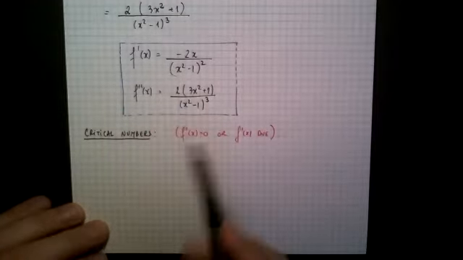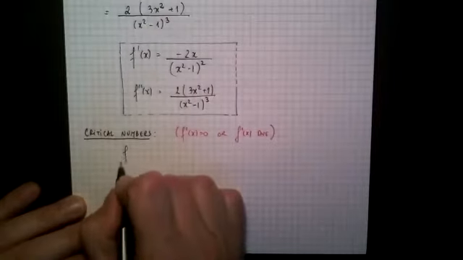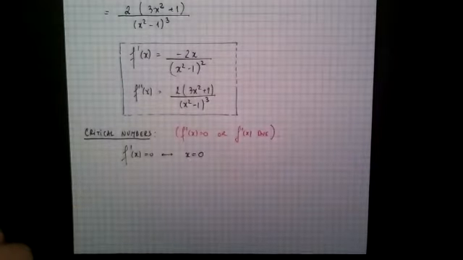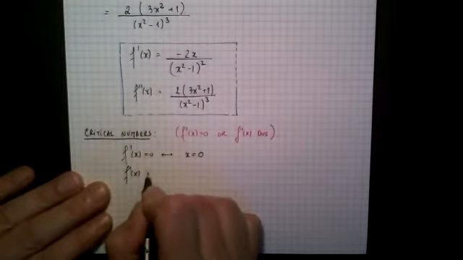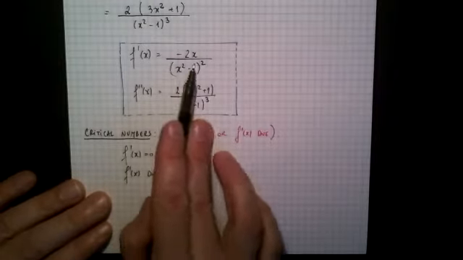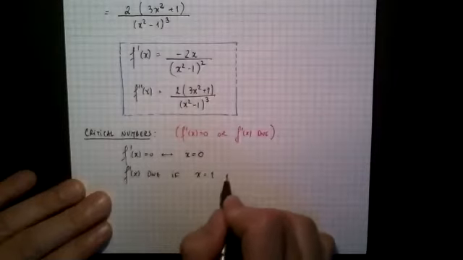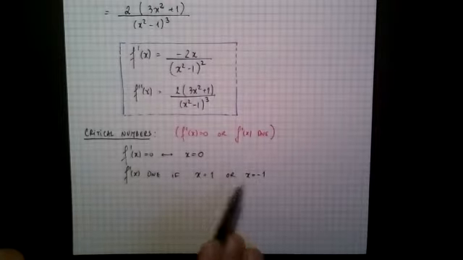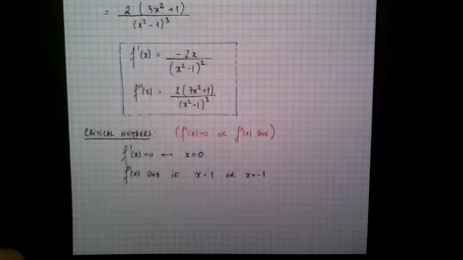So when is it 0? If x is 0, that's my critical number, one of them. And then f prime of x does not exist if the denominator is 0. So basically, x equals 1 or x equals -1. These are critical numbers. Obviously, the derivative doesn't exist at 1 and -1 because we have an asymptote there, right? You can't derive on an asymptote, of course. The function is not even defined there. Good?